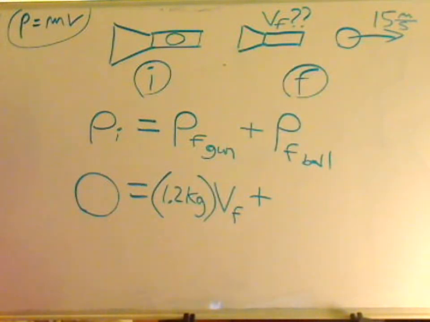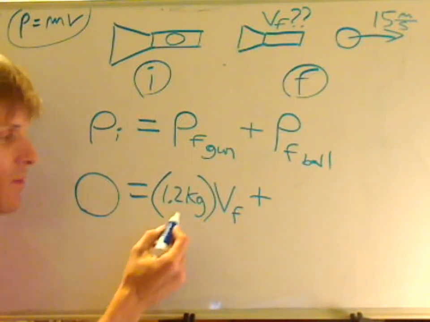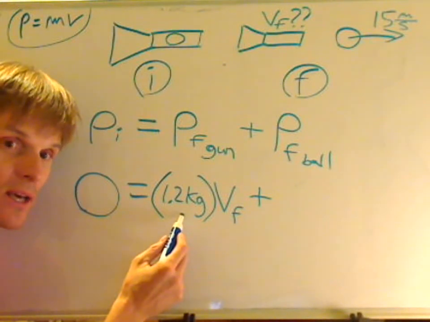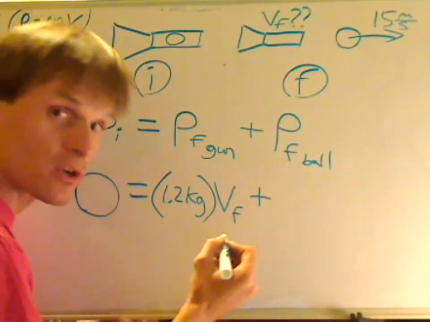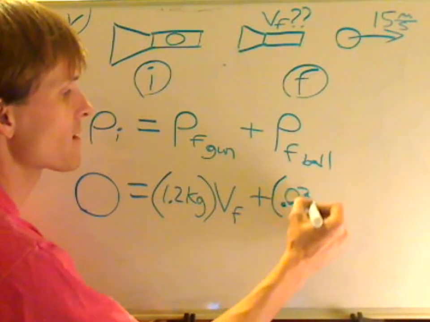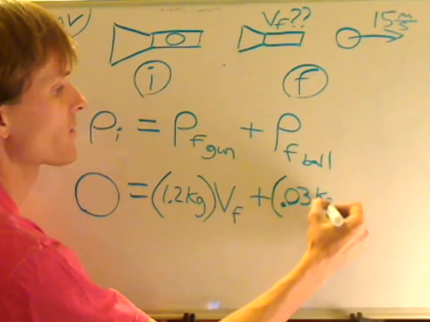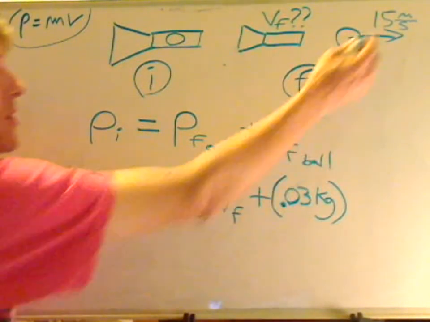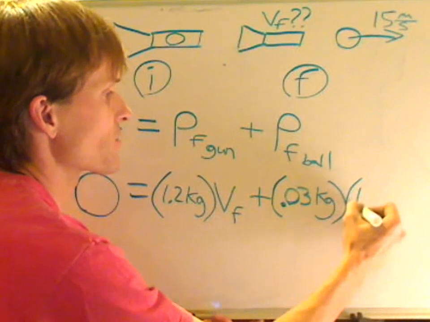The ball's mass is 30 grams, but we want to get into kilograms because our gun mass is in kilograms. 30 grams is 0.03 kilograms. And our ball's velocity is 15 meters per second.